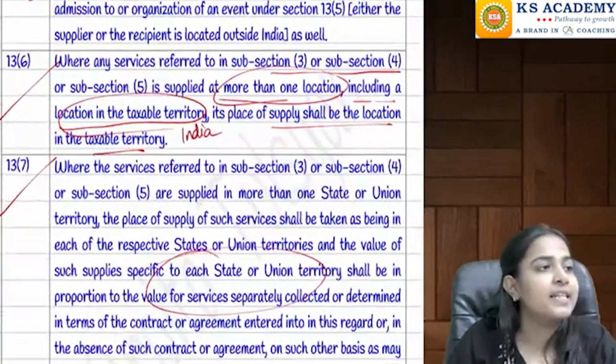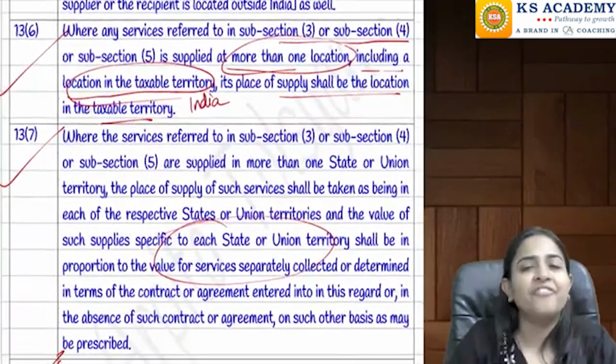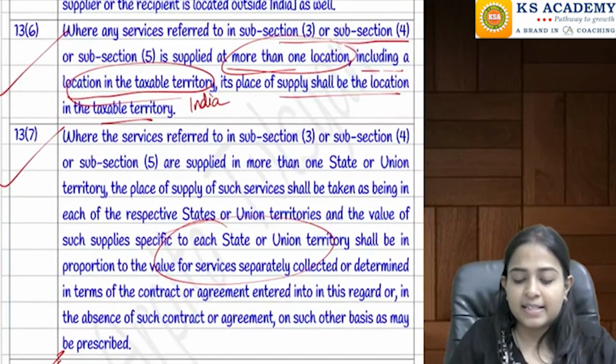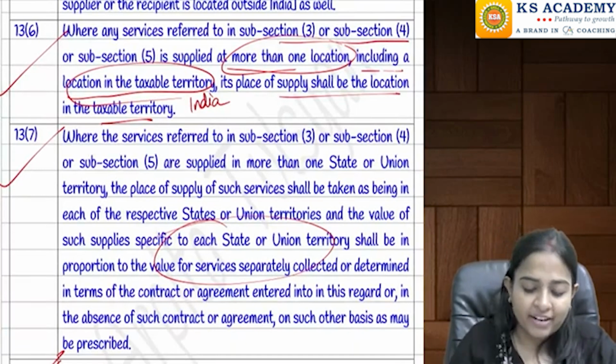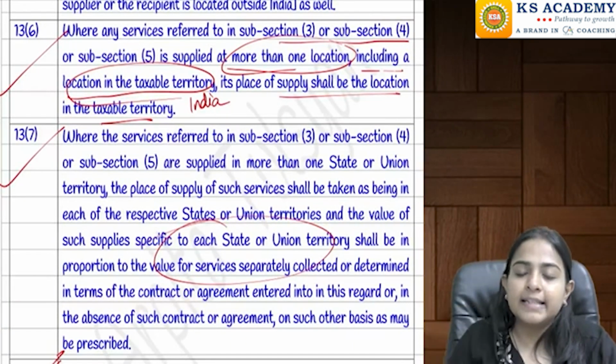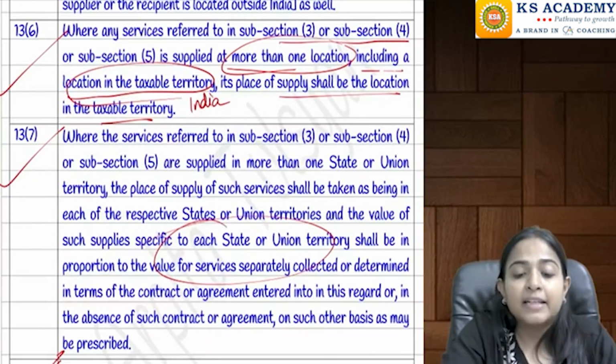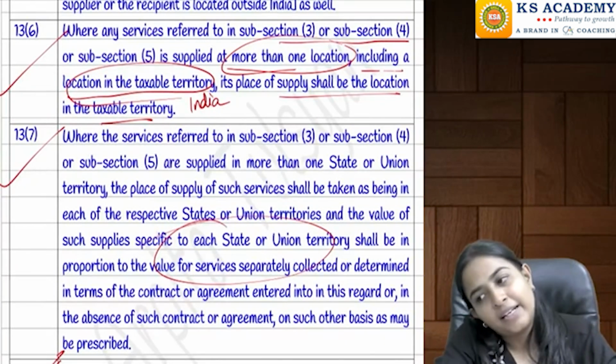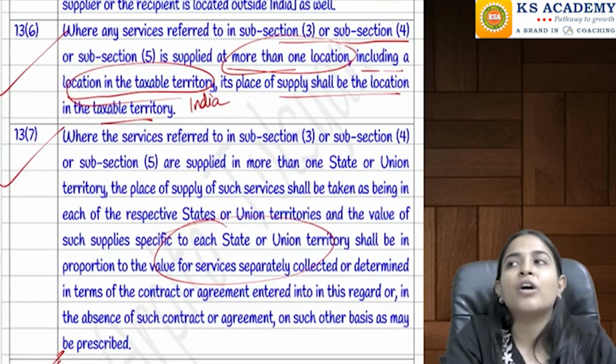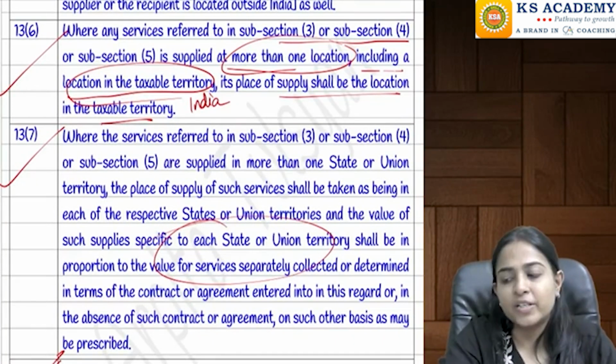Yes, everyone, can you see this? Section number 13.6 and 13.7, very, very simple. Section number 13.6 says that whenever the above services, that is 13.3, 13.4 and 13.5, are provided, what was section 13.3? 13.3 was talking about performance-based services. 13.4 was talking about immovable property-related services. And 13.5 is talking about organization or admission to such events.